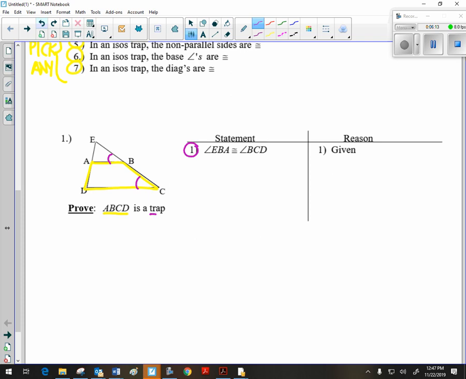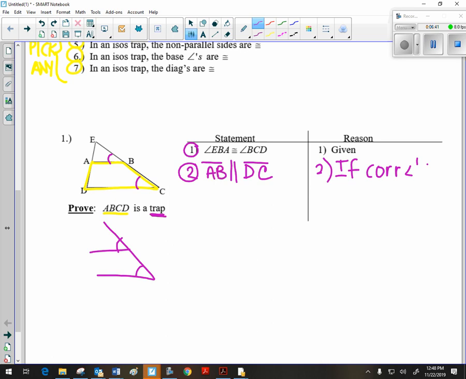Remember, if I have to prove it's a trapezoid, I need one pair of opposite sides parallel. And when I look at this picture, I see an F shape with those two angles. So I know that AB must be parallel to DC line segments, because if corresponding angles are congruent, lines are parallel.